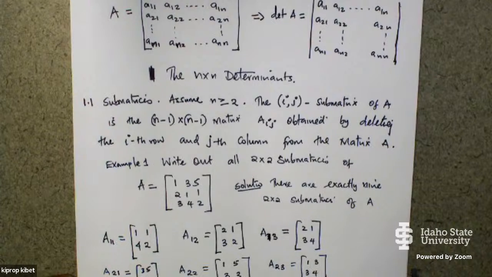What remains is 1, 5, and then 2, 1. And then A33, what remains is 1, 3, and then 2, 1. So those are the submatrices. We form 9 submatrices of 2 by 2.